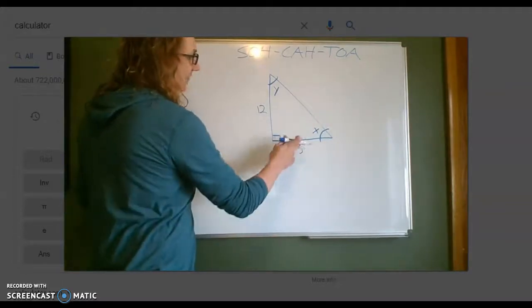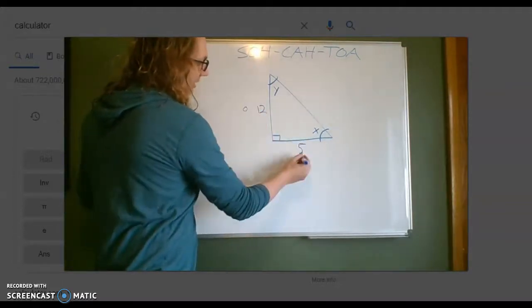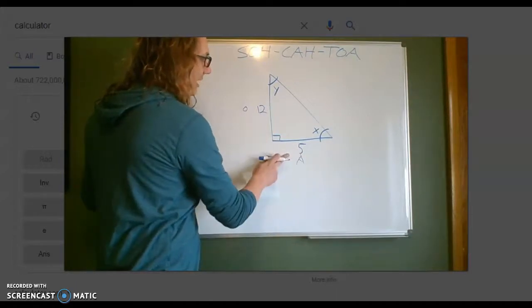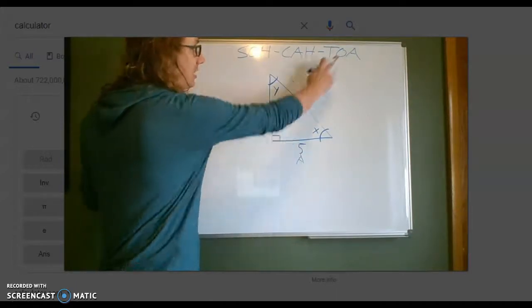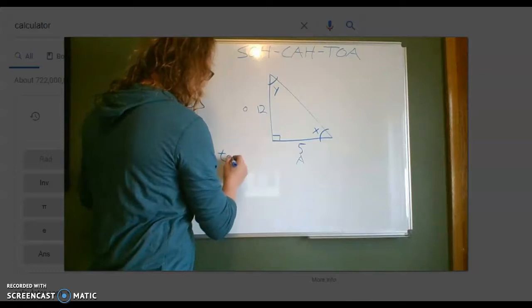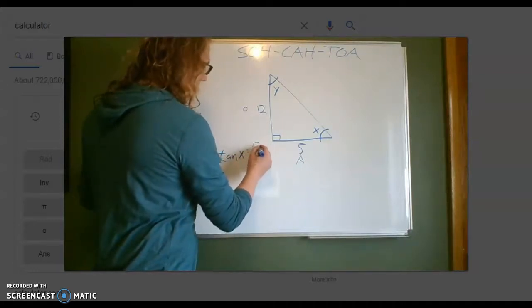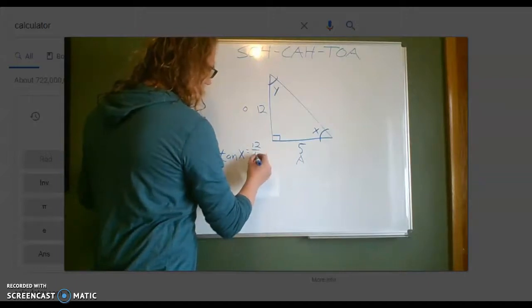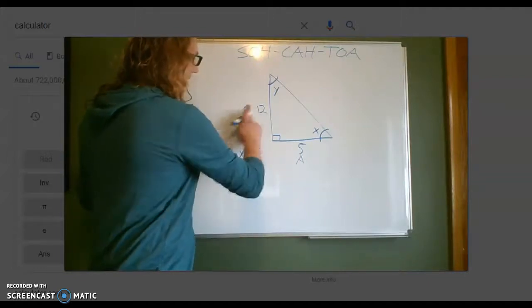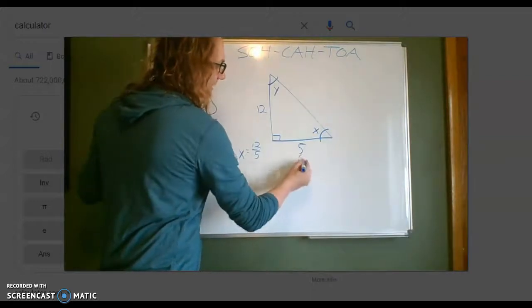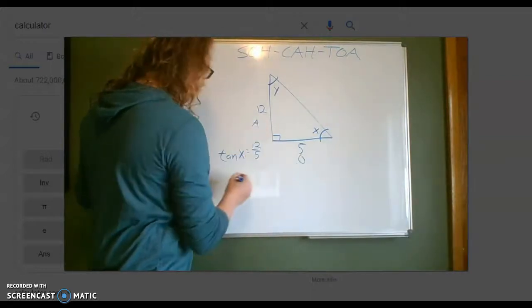For x, I've got my opposite and my adjacent, so I'm looking for OA because I don't have the hypotenuse, so that'll be tangent of x equals 12 over 5. And then for y, now 5 is my opposite and 12 is my adjacent.